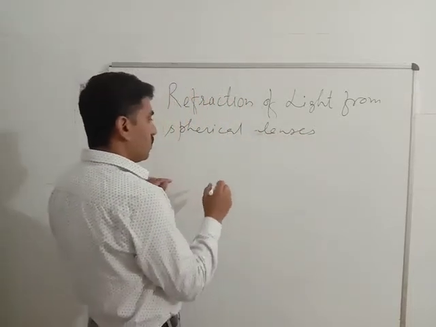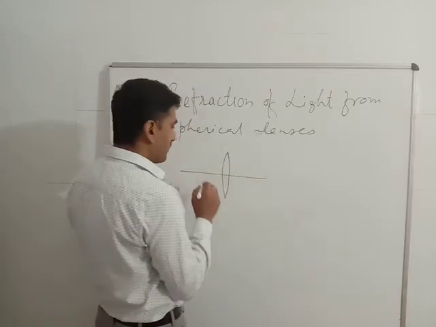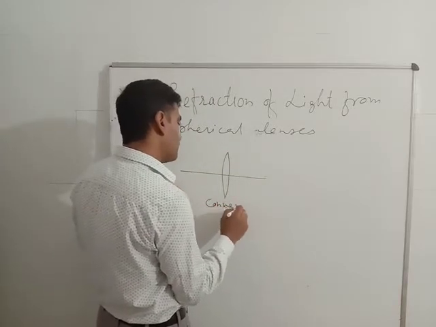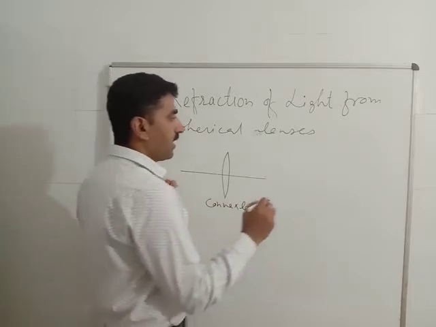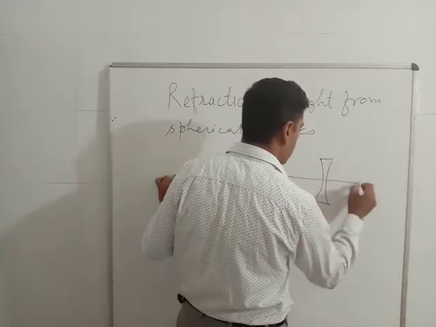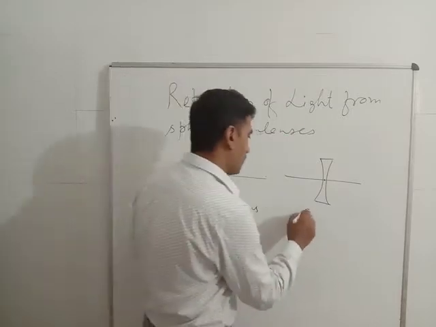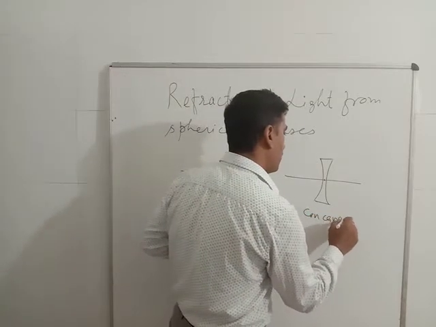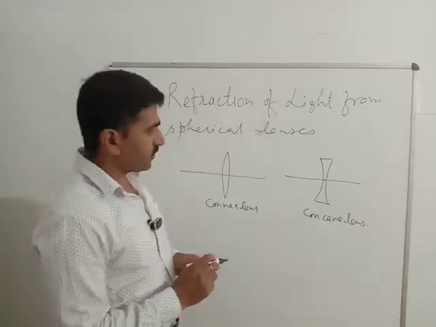Basically two types of lenses you have to remember. One is your convex lens, also called double convex lens. And another is your concave lens, concave or double concave. So today we are going to discuss first of all the convex lens.